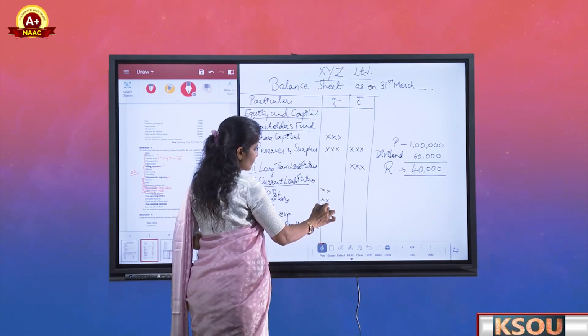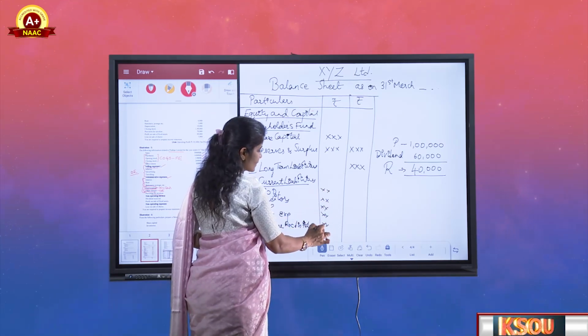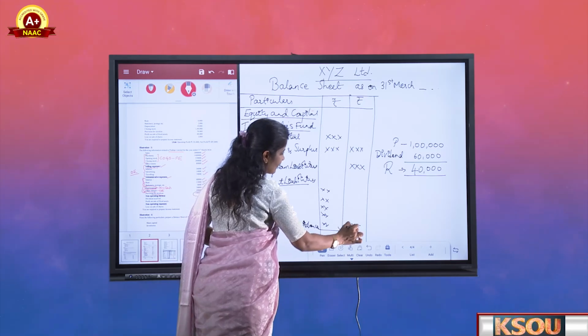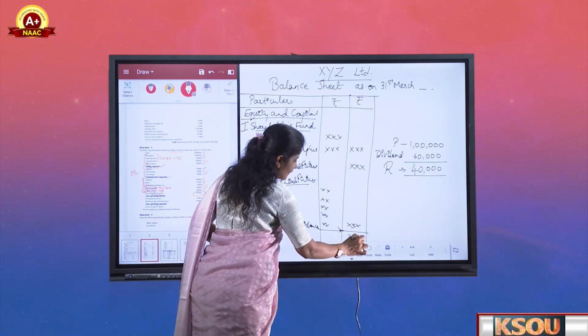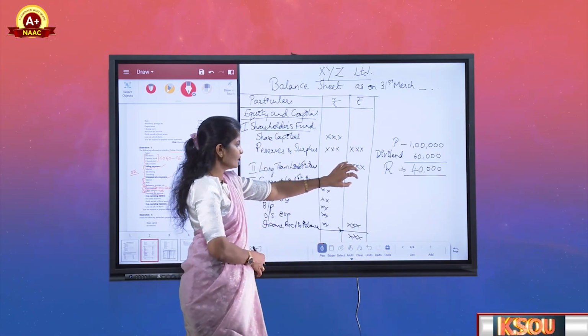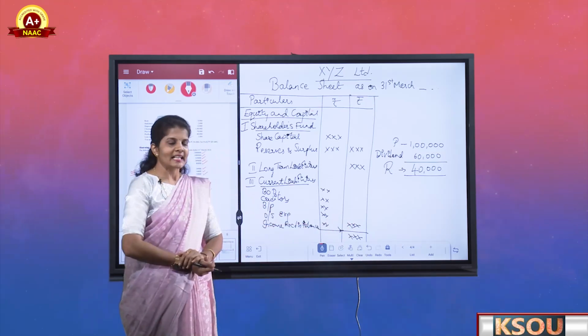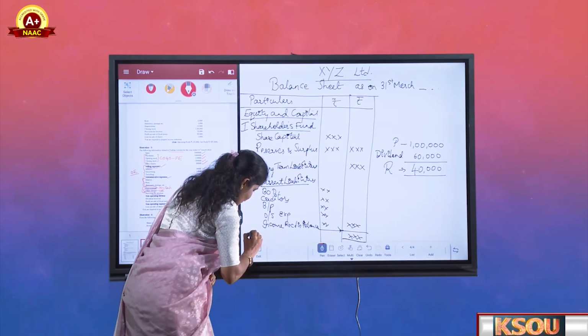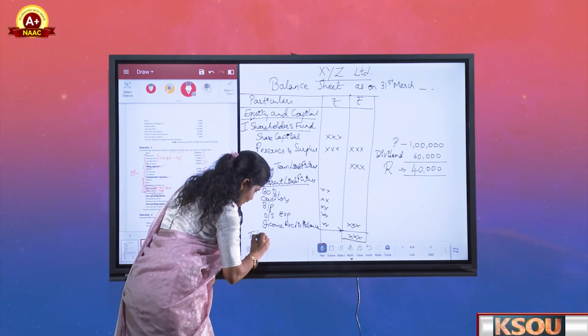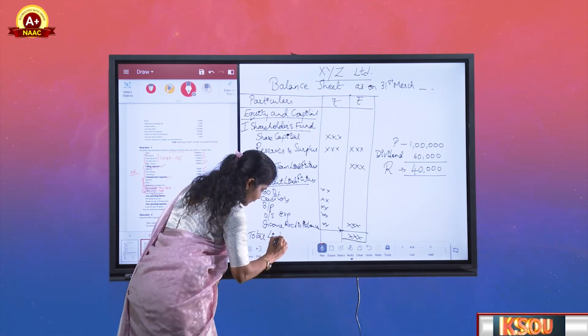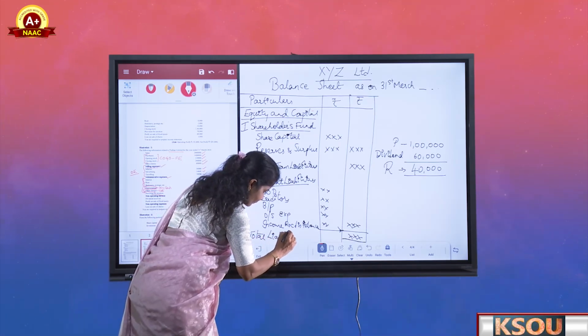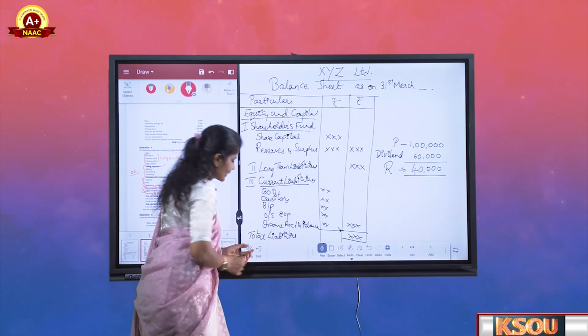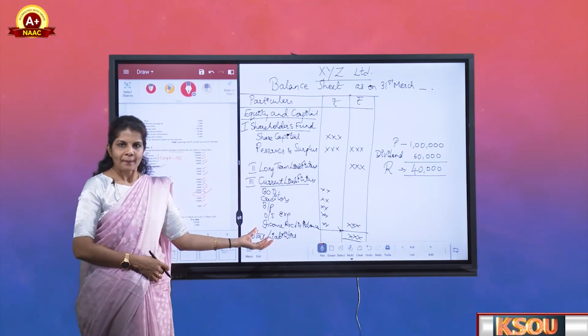If you take the total of shareholders fund, long-term liability and current liability, this is called total liabilities, or we can also say total equity and capital.